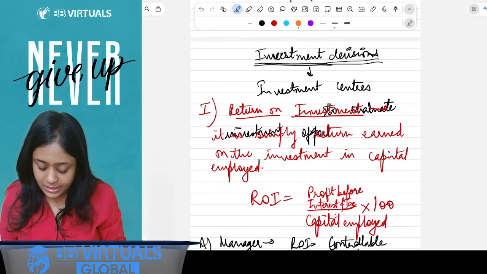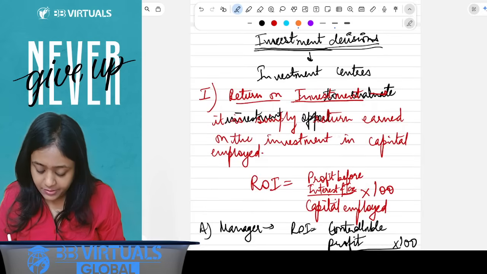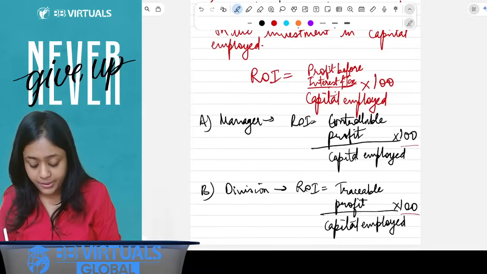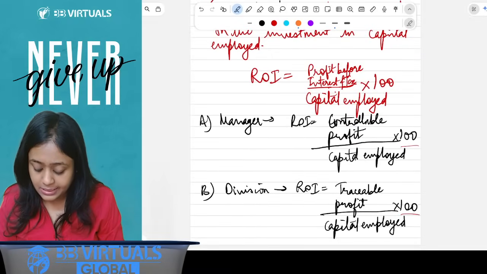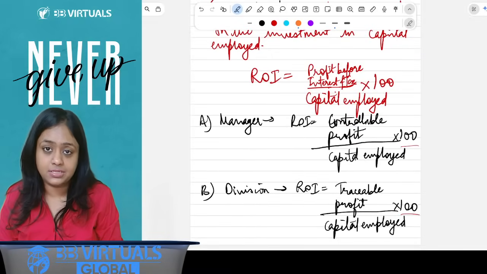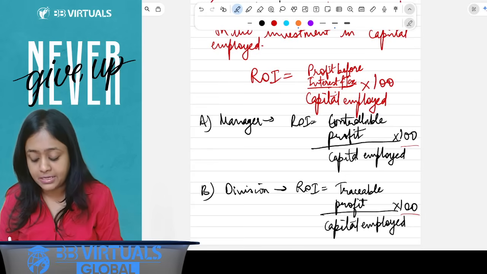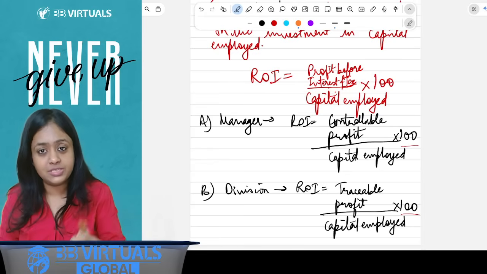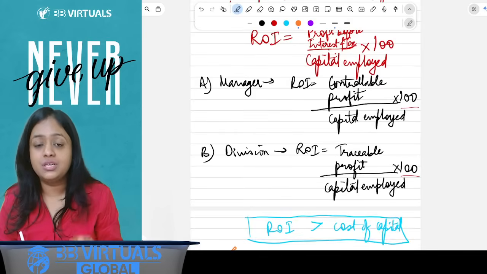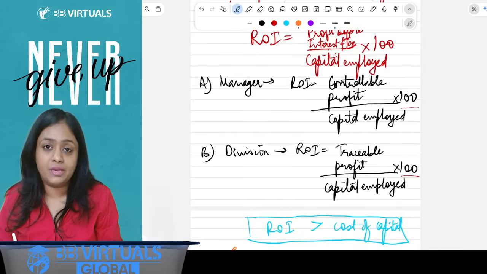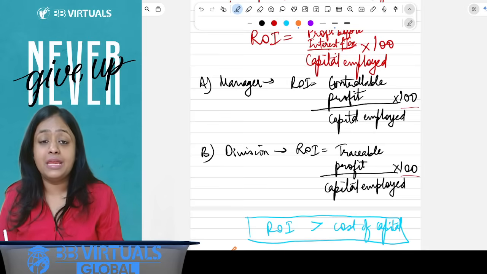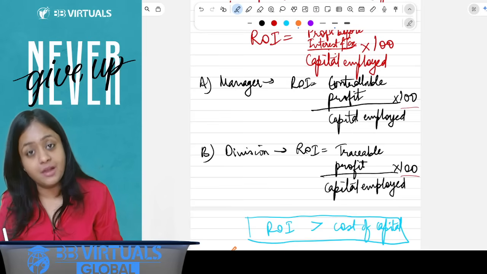Return on investment simply means the return earned on the investment in capital employed. ROI is calculated as profit before interest and tax divided by capital employed, multiplied by 100. Return on capital employed, that we did, is the same formula. For a manager, ROI will be evaluated as controllable profit divided by capital employed multiplied by 100.